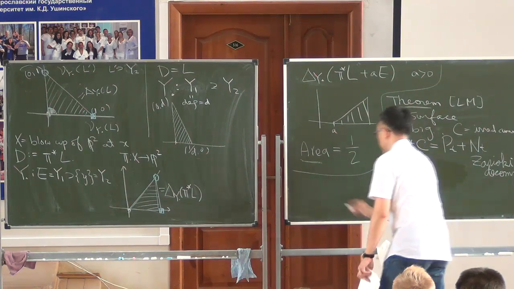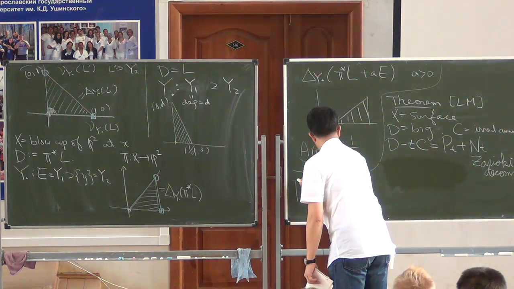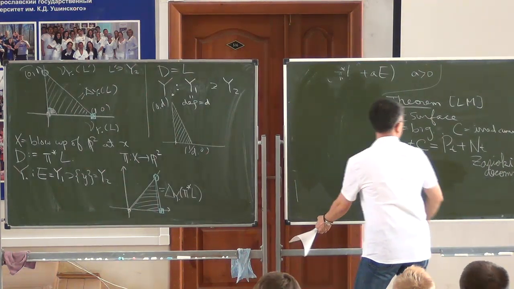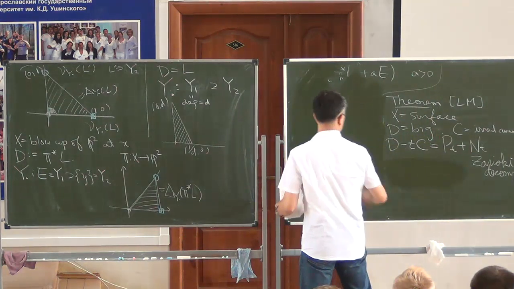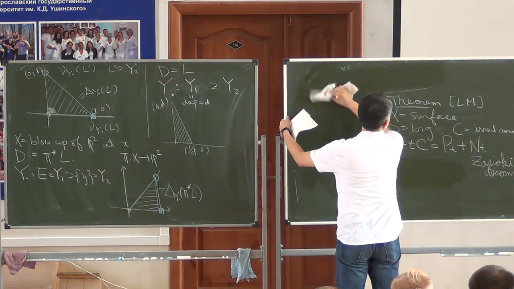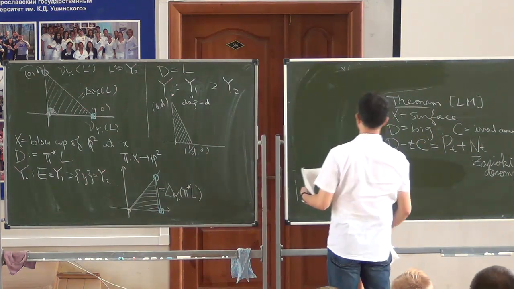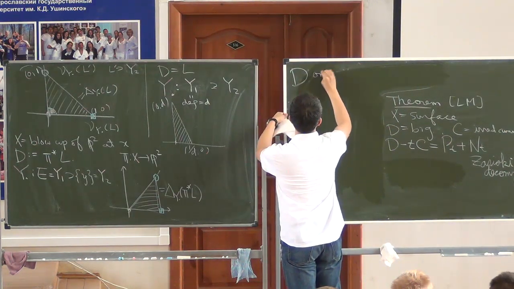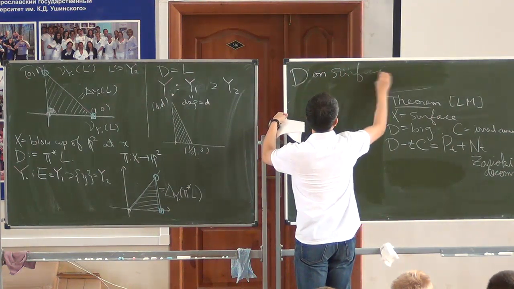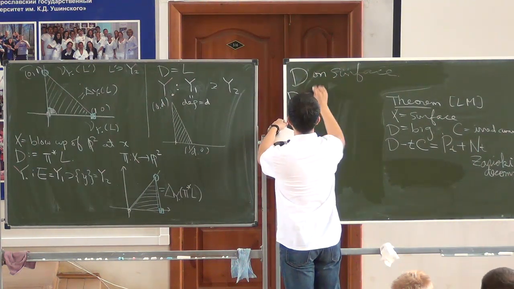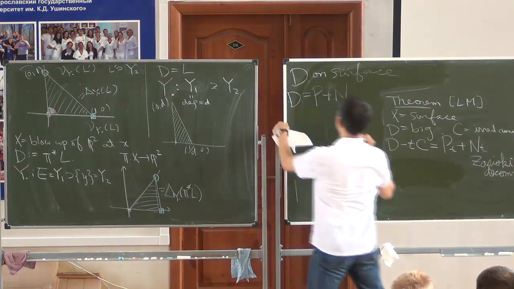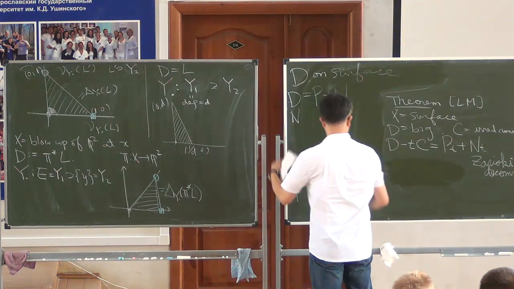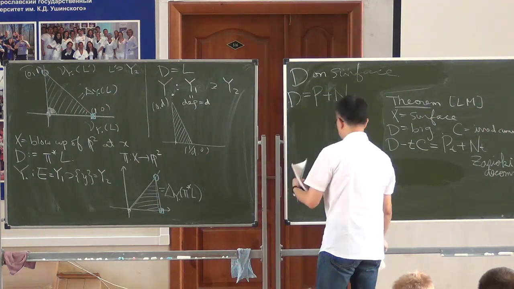So let's define it here. D is on a surface. You can decompose D into two divisors, D = P + N. Let's describe P first.